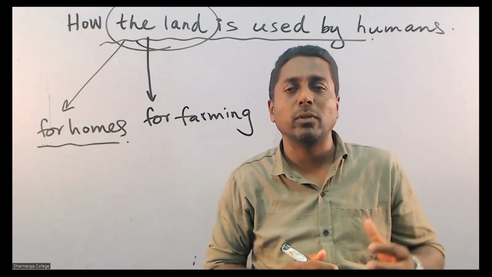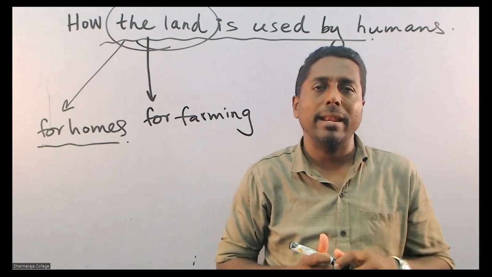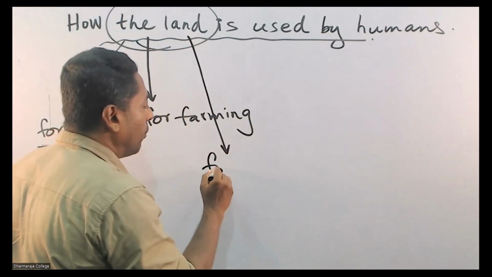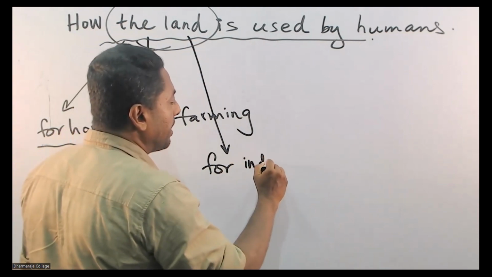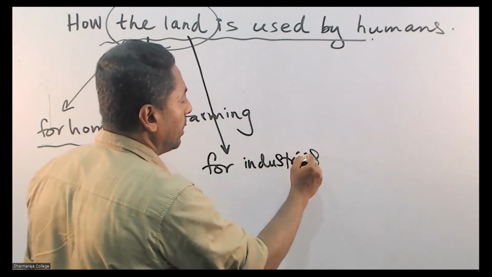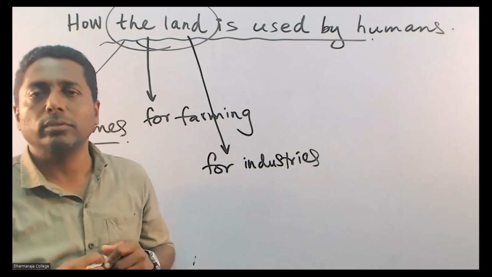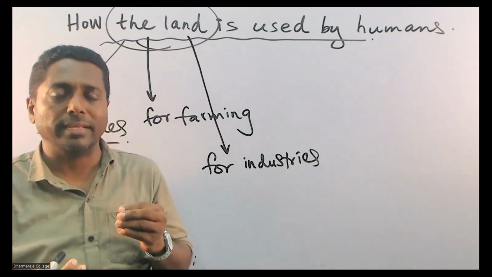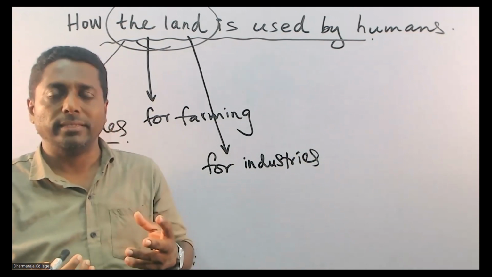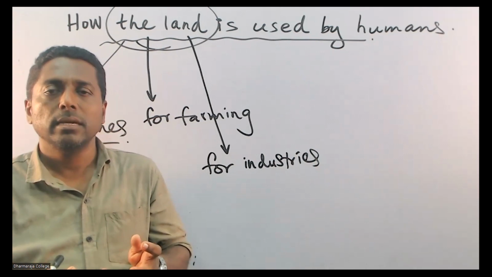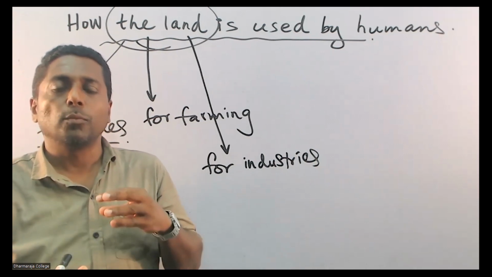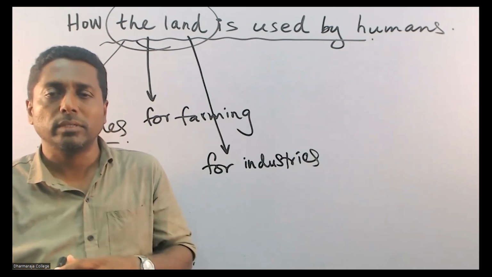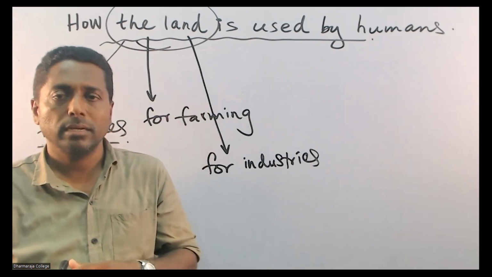They grow different types of flowers on the land. Additionally, they use the land for industries, for building factories, to produce computers, vehicles, chemicals, and food items.